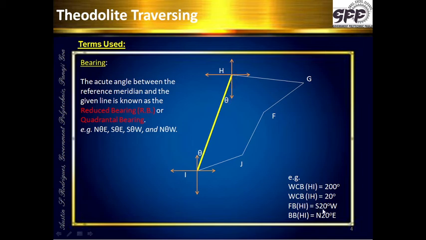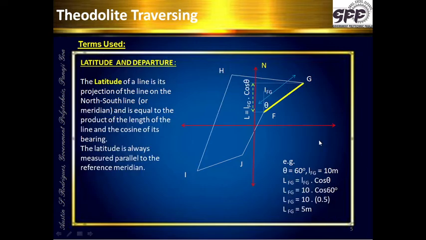So it is south 20 degrees west. And this bearing over here of the line IH or the back bearing of HI would be north 20 degrees east. Please note over here the forebearing and back bearing will have opposite poles and opposite directions with the same value, unless there is some error as I mentioned earlier. So these are the quadrantal bearings or the reduced bearings, and these are the whole circle bearings.